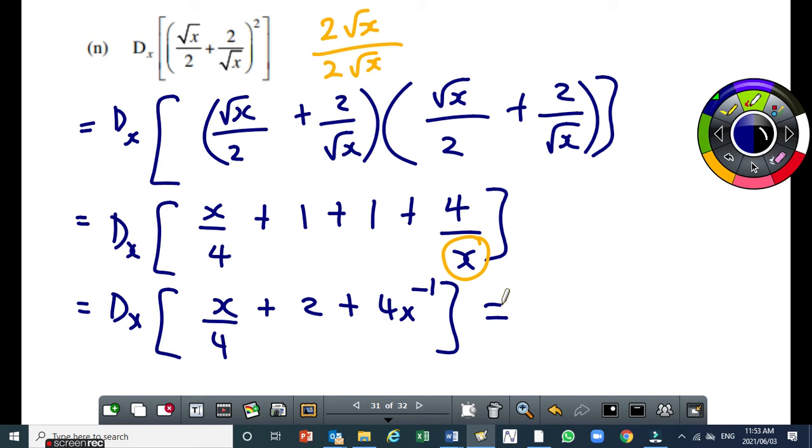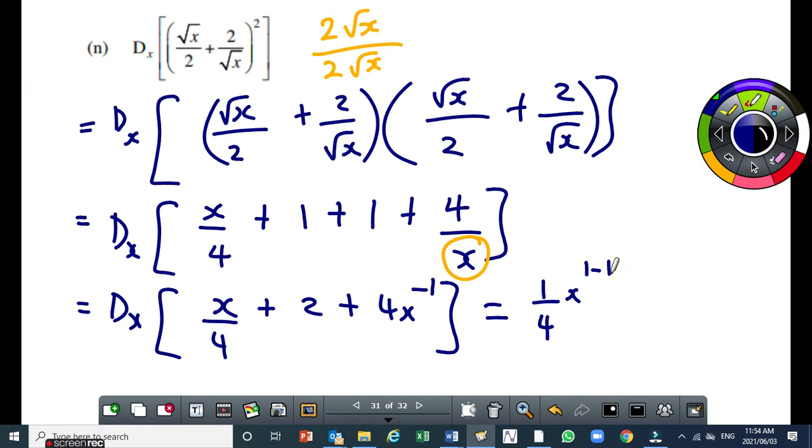The derivative of this, x over 4. Let's forget about that 4. The exponent there is a 1. 1 times this 4 here gives us 1 over 4, times x to the power of 1 minus 1. So I can write this as 1 over 4 x to the power of 1 minus 1.